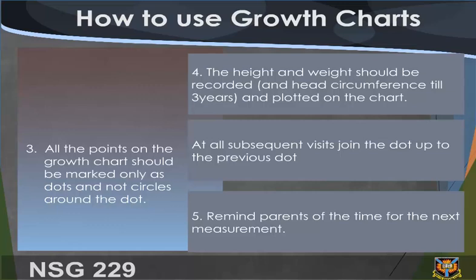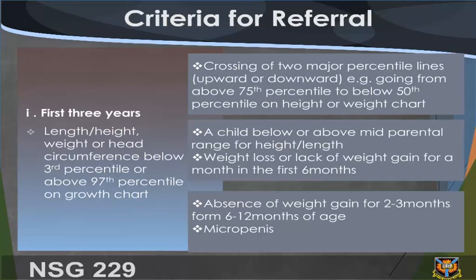5. Remind parents of the time for the next measurement. Criteria for referral. 1. First 3 years. Length, height, weight, or head circumference below 3rd percentile or above 97th percentile on growth chart.